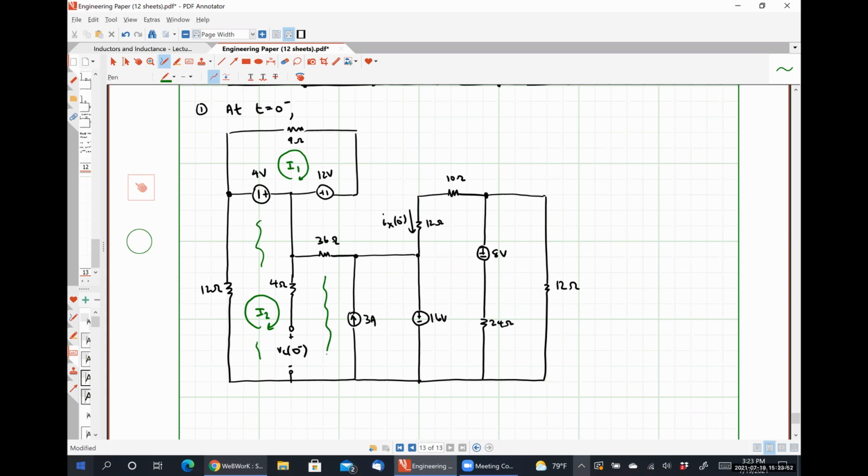So that's actually just one mesh. Let's call this guy right here mesh 3. This guy right here mesh 4. This guy right here mesh 5.